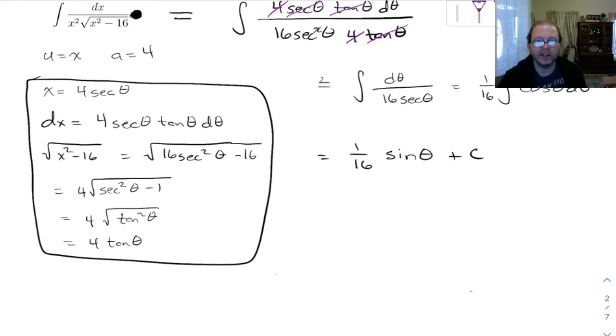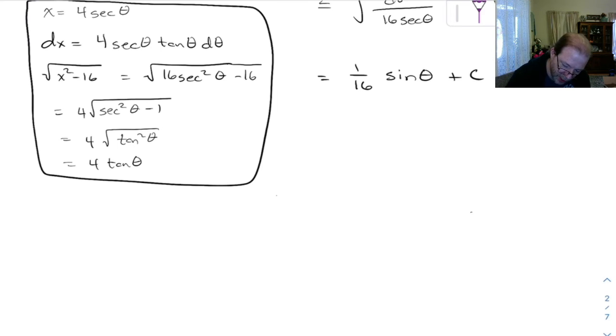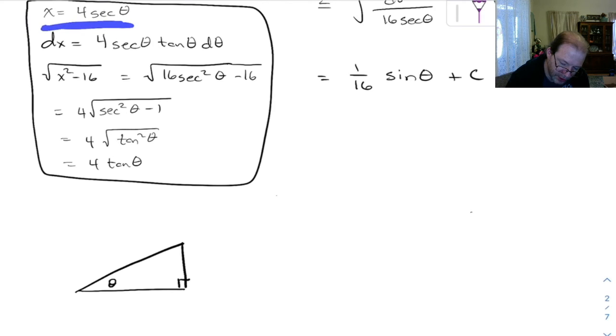We've got to put this back in terms of x. So I'm going to draw a triangle, and I'm going to do that over here to the side. All right, so I'm just going to pick this to be theta, and x equals 4 secant theta.